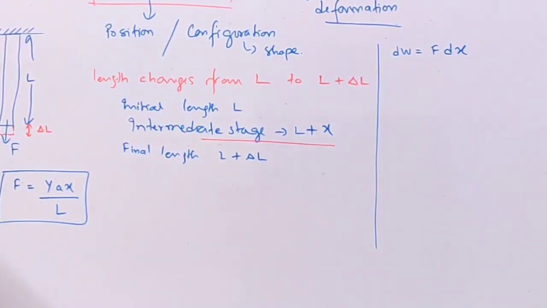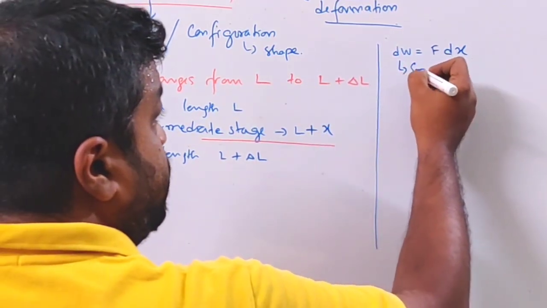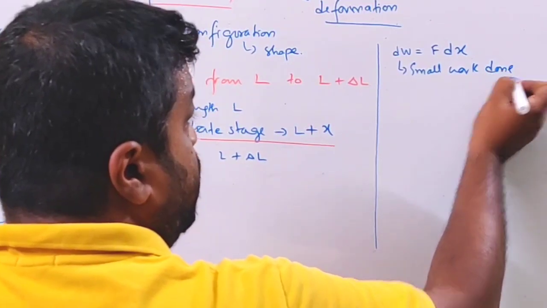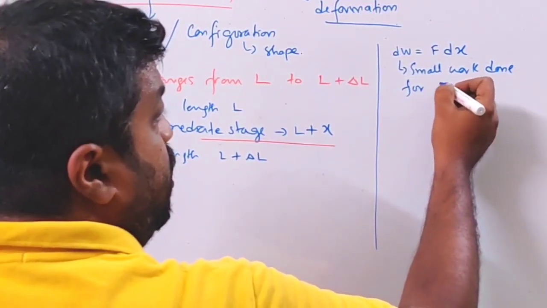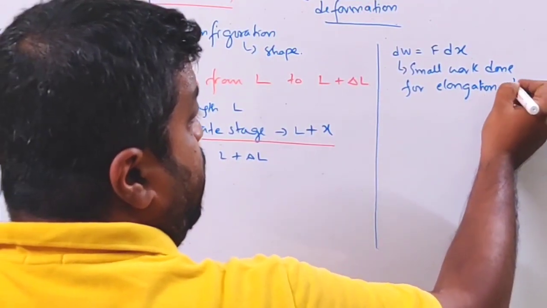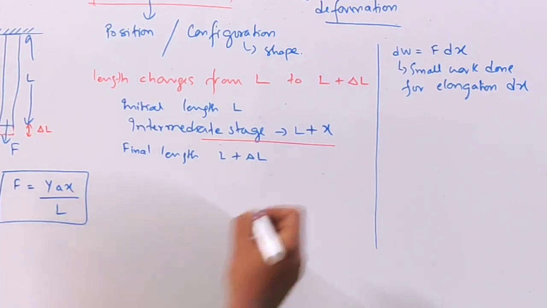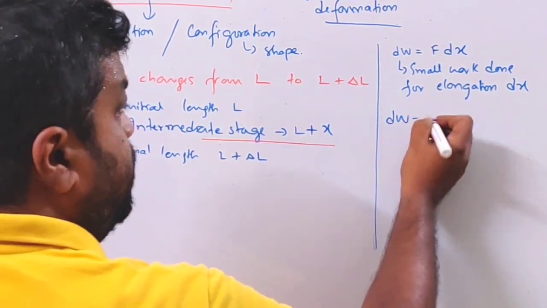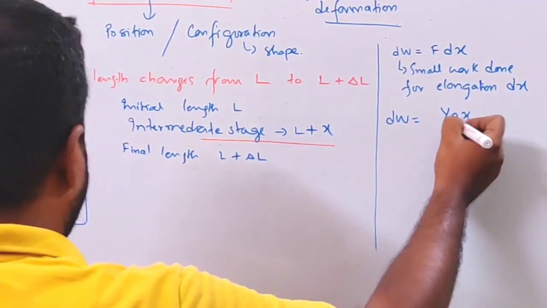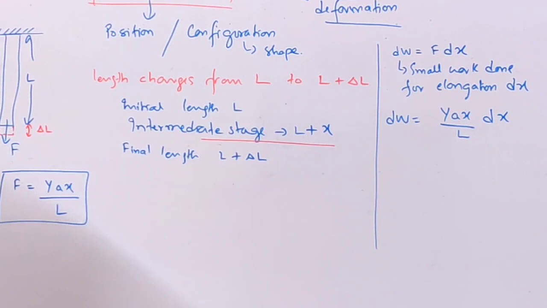This is the small work done for the additional elongation dx. So dW is equal to Y A X by L dx.